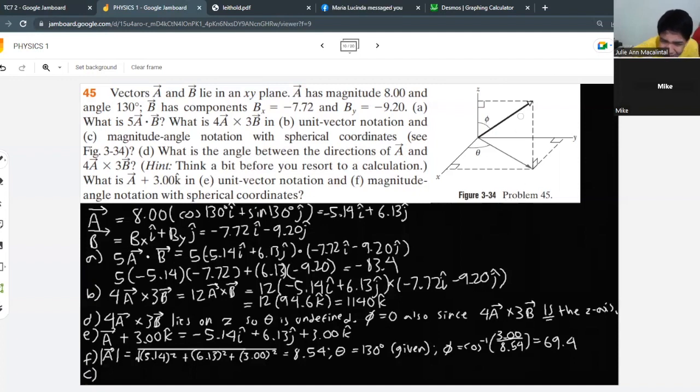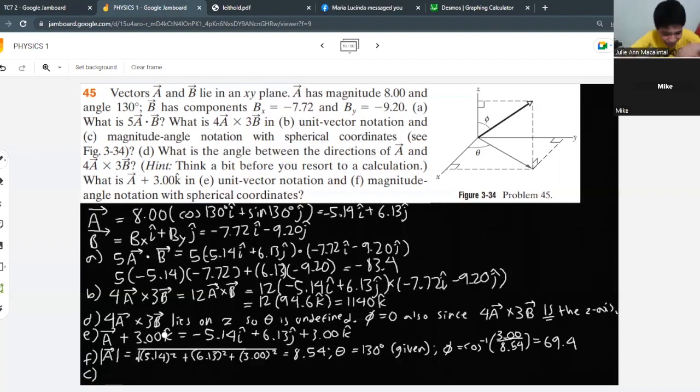Because you have it on the z-axis. For B, you already got it. There. So theta is undefined while phi is 0 because it's on the z-axis.